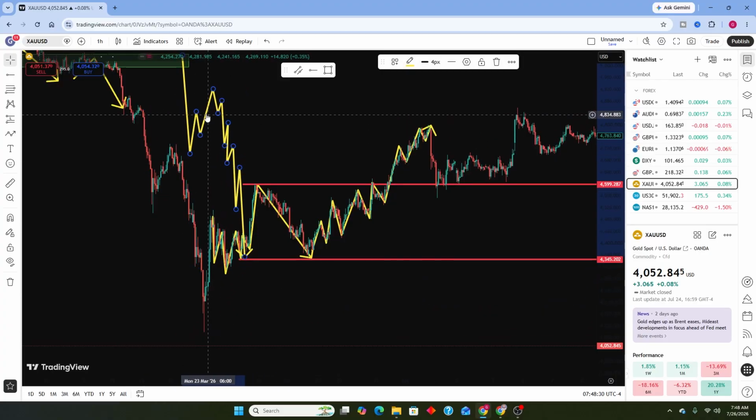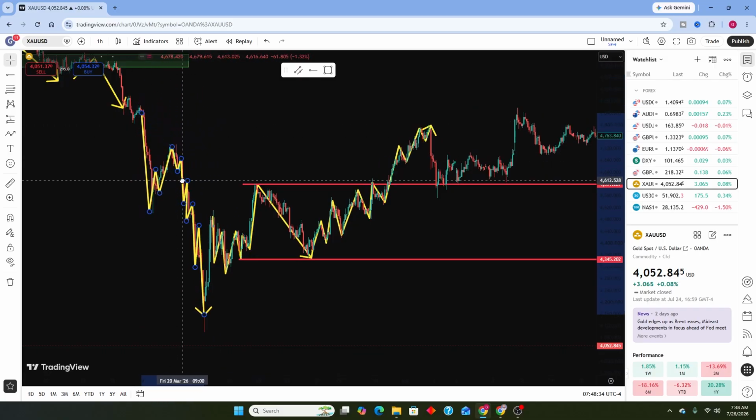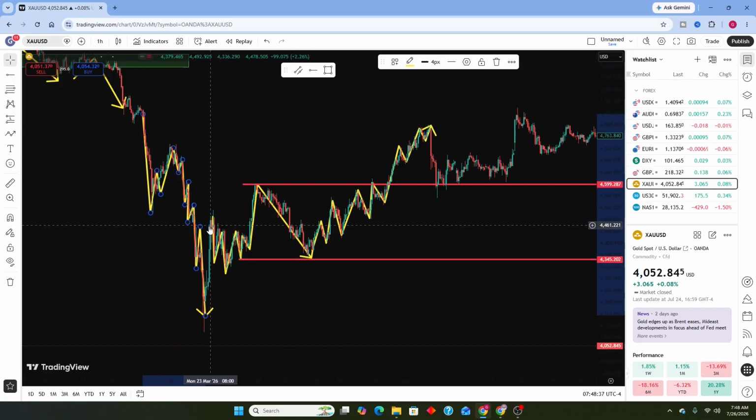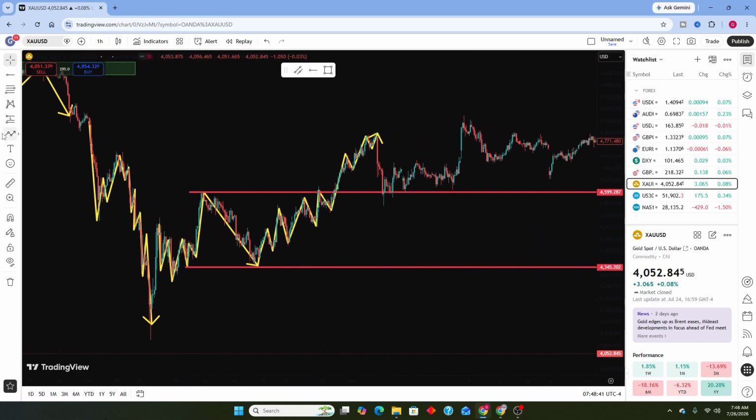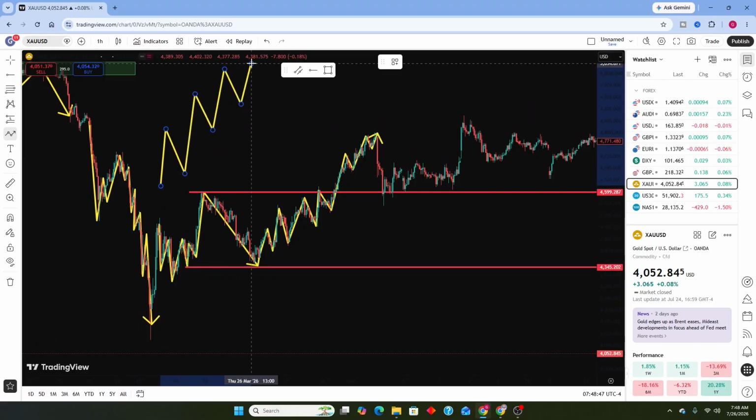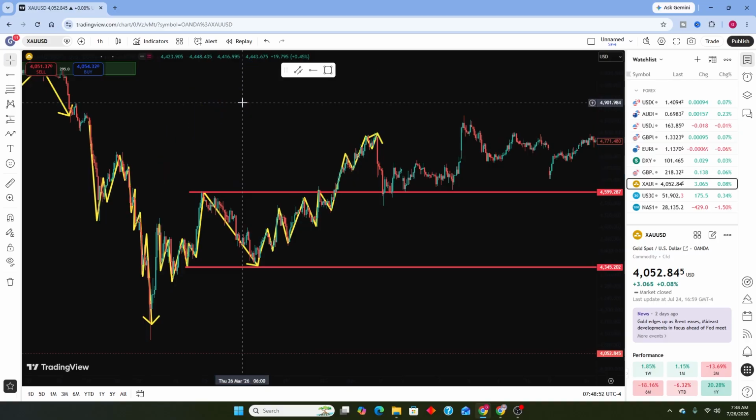Do you guys see the stairs motion and all of this? That's what I want you guys to understand. You're going to get this motion in the market all the time. That's what you want to look for in a trending up market.